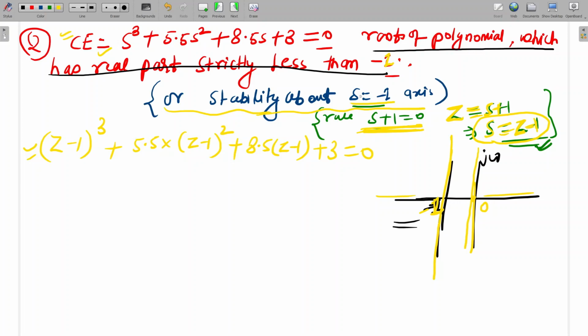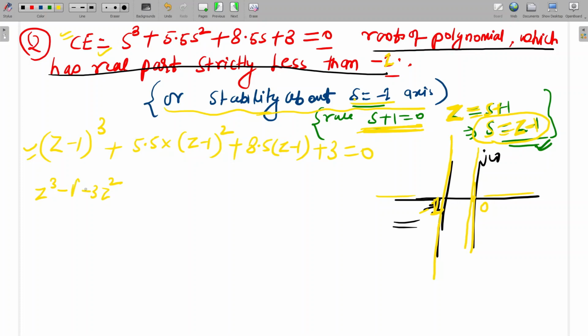So these steps we should follow. S equal to minus 1 means we assume z as s plus 1, and s will be z minus 1. Here this equation we can simplify using a minus b whole cube: a cube minus b cube minus 3a square b plus 3ab square.